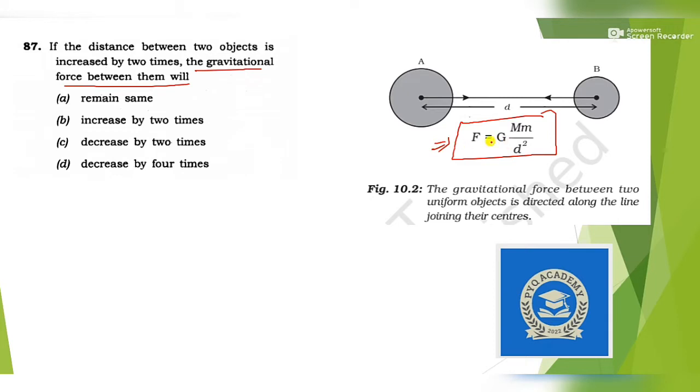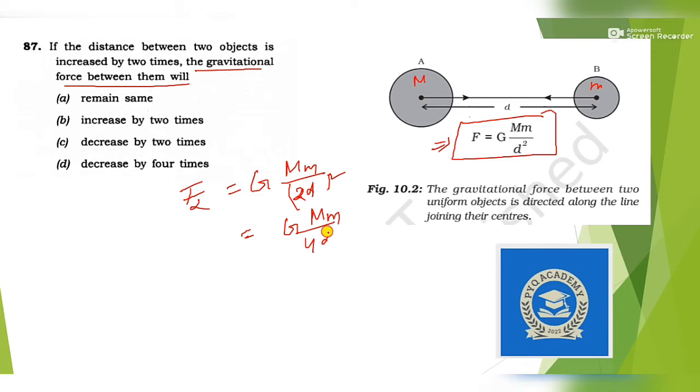Here you can see that gravitational force is equal to G M m by d square, where M is the mass of the larger object, m is the mass of the other object, d is the distance between these two objects, and G is the gravitational constant. If the distance between two objects is increased by 2 times, then for the F2 case we replace d by 2d, so (2d) square. So it will become G M m by 4d square.